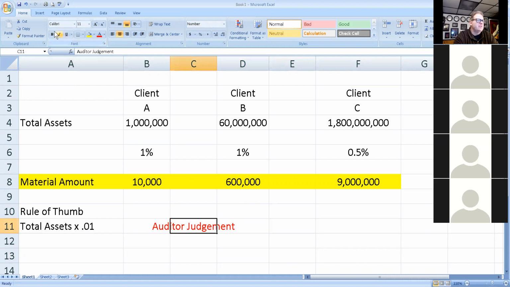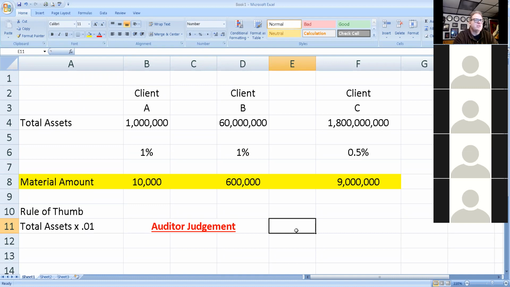And that's why it can be difficult. Are you going to use 1%? Are you going to use 0.5%? What is material? And we'll find out later too that materiality can also be different depending on what kind of misstatement it is.